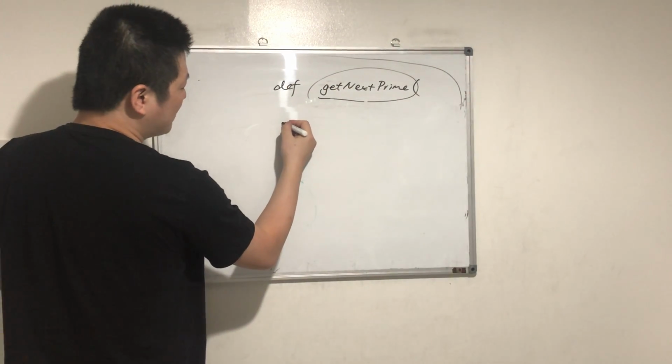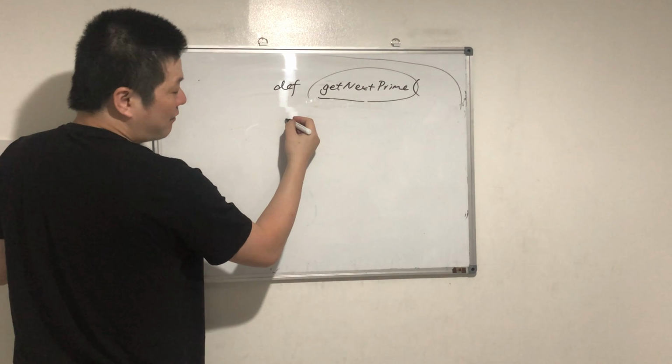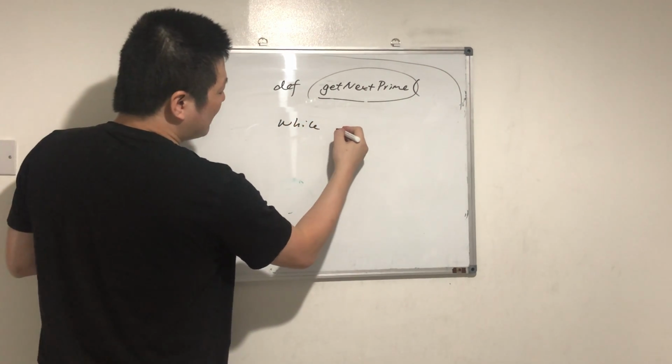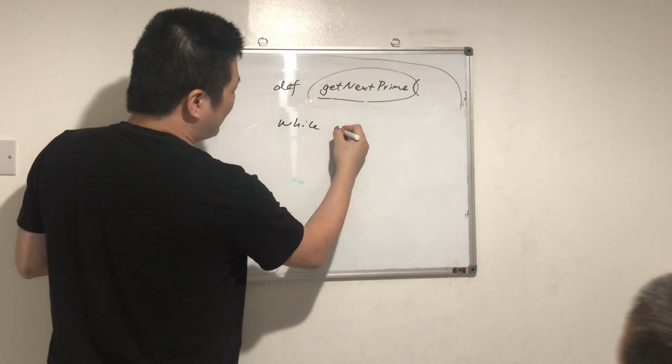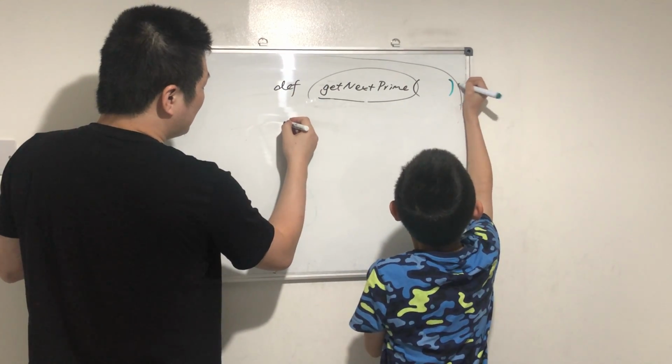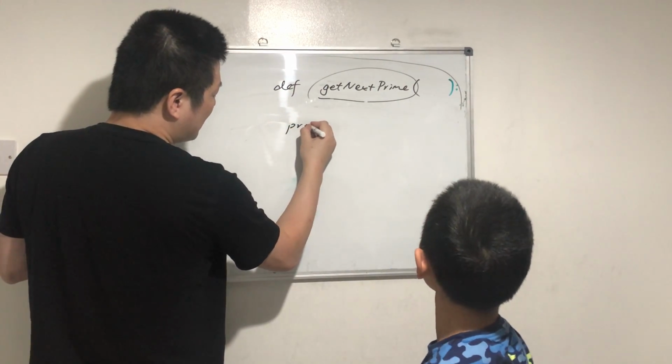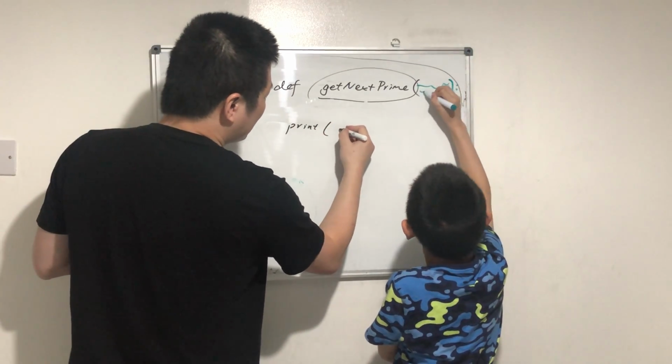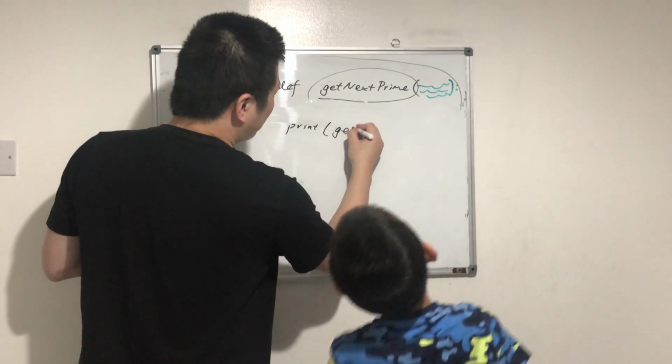So I want to use this function, get next prime number. Let's say I just print get next prime number.